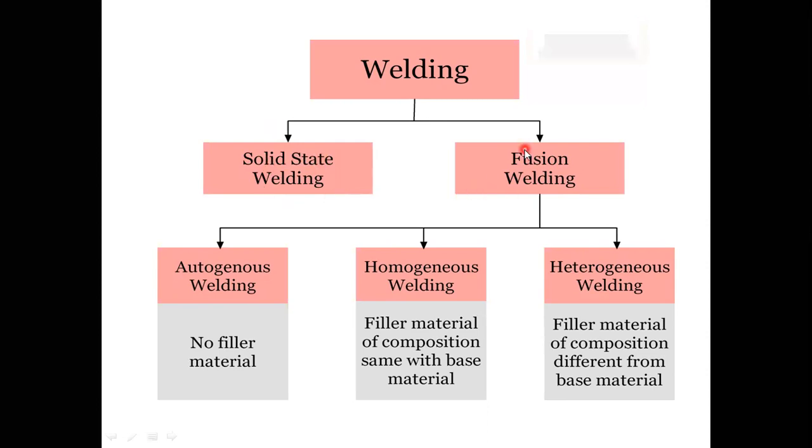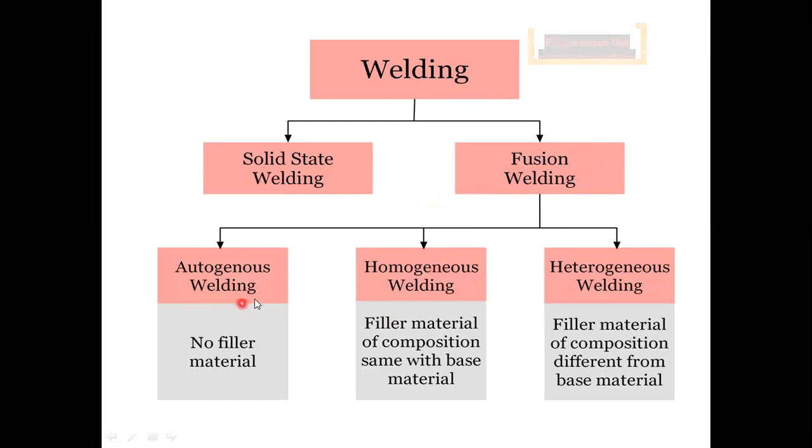But in fusion welding, two parts of metal, generally the same metal, come together near each other, and then we fill in some filler metal, and after it cools, it joins the two parts of the metal. This is the main motive of fusion welding.